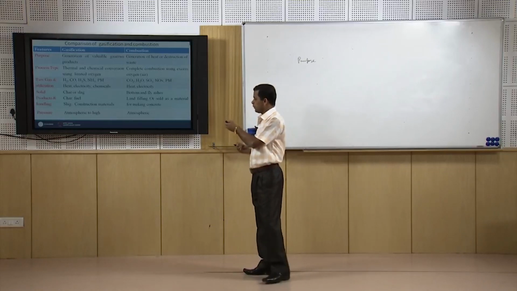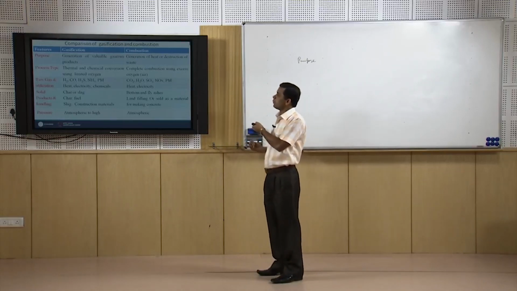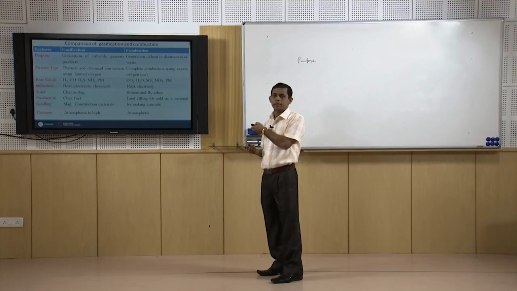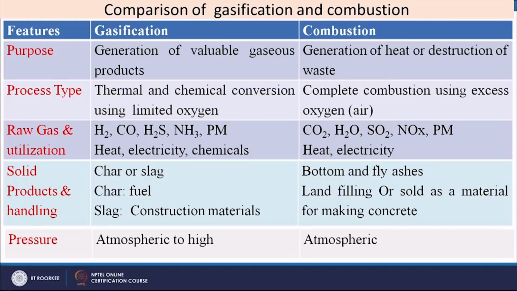If we compare these, we see the purpose is different. Gasification is to produce a gas with intermediate heating value, and combustion is to produce flue gas and extract heat from the waste material. Both are thermal processes, but gasification takes place with a controlled amount of oxygen, whereas combustion uses excess oxygen.